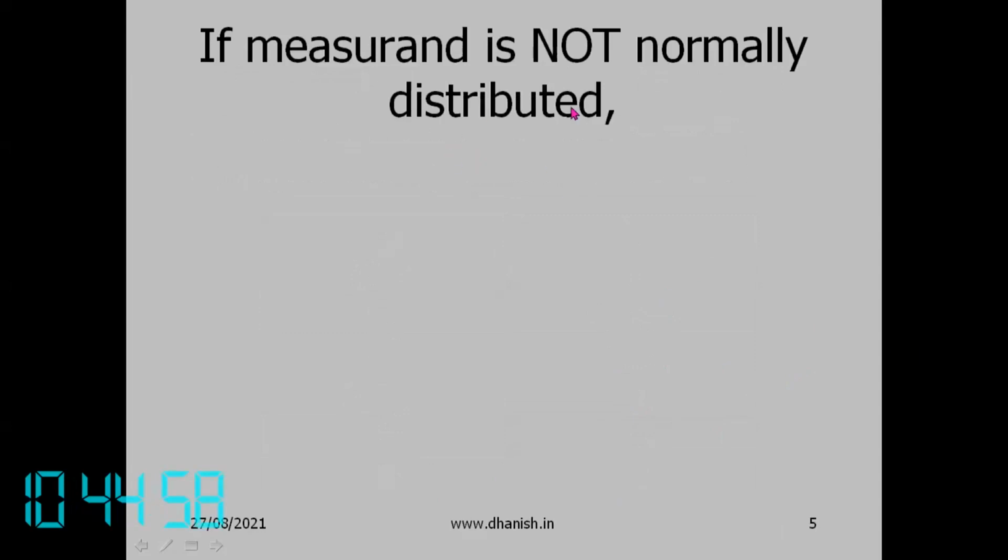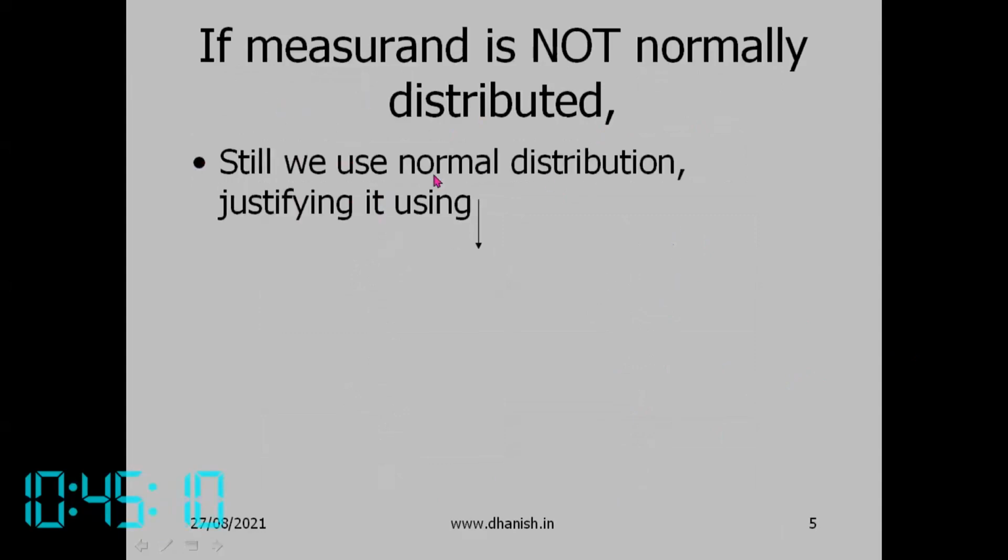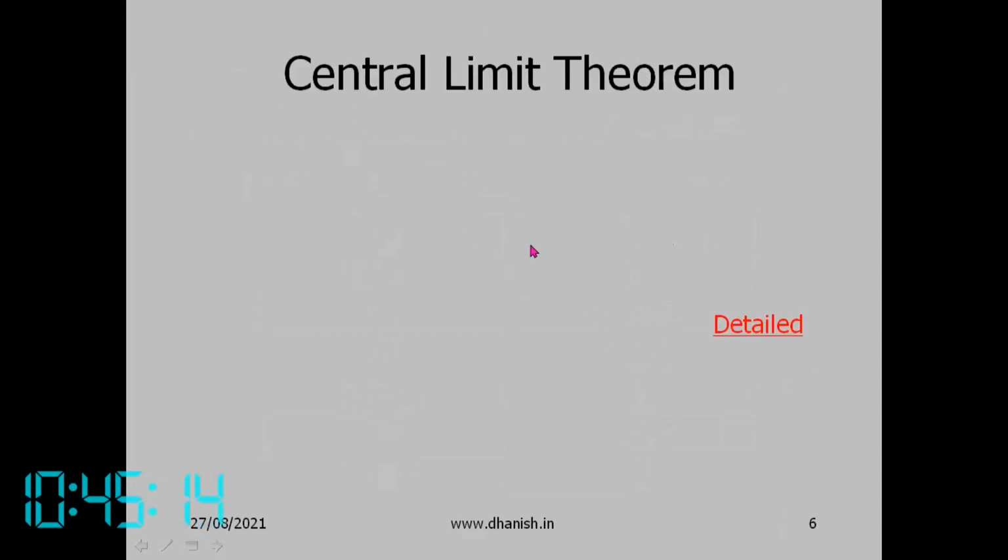If the measurand is not normally distributed, note that these previous factors are all based on the normal distribution. But even if it is not normally distributed, we still use the normal distribution, justifying it using the central limit theorem, which you have studied in statistics.